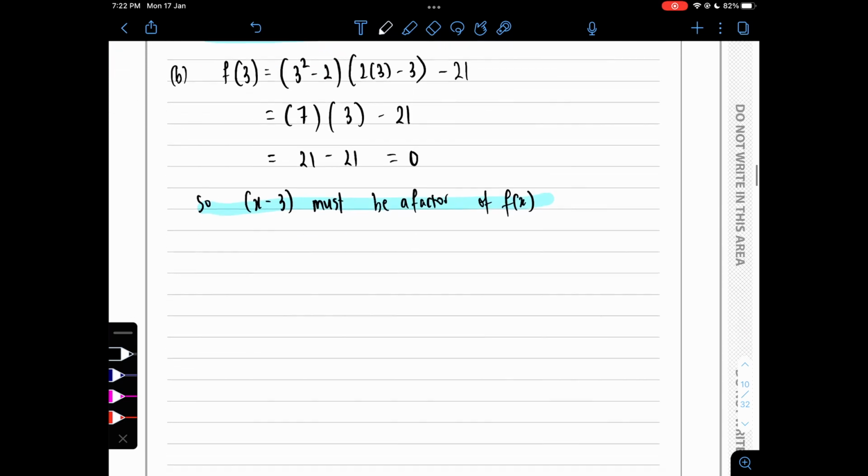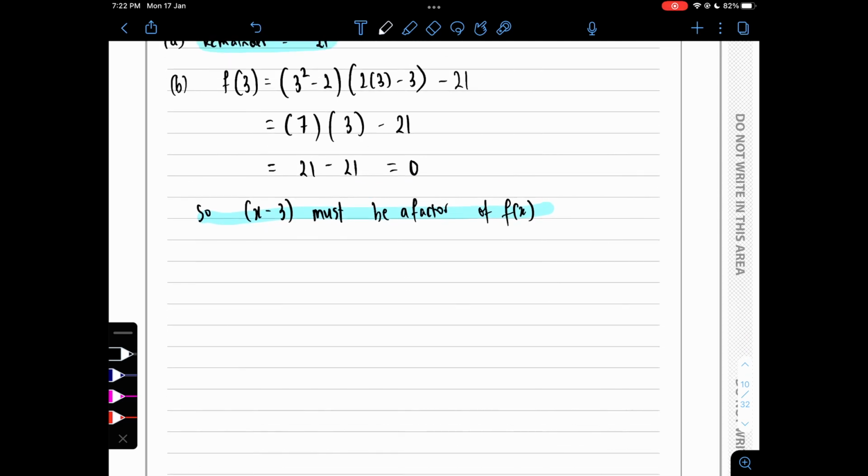So we have part C, i over here. Let's expand it. f of x equals x squared minus 2, times 2x minus 3, minus 21. Let's expand.